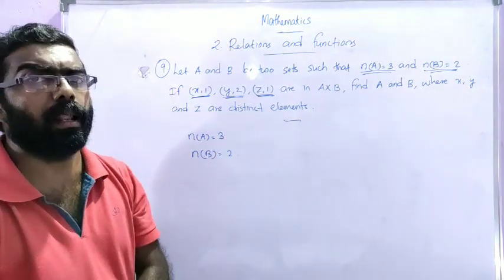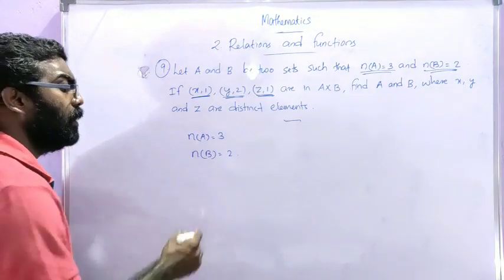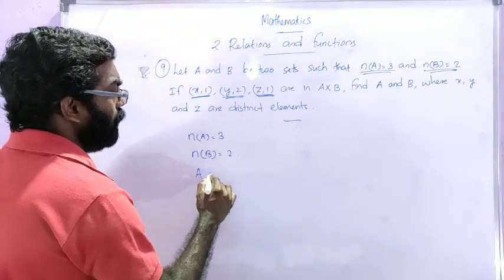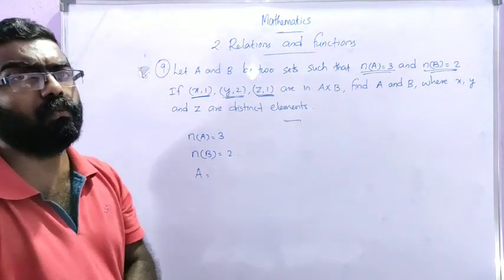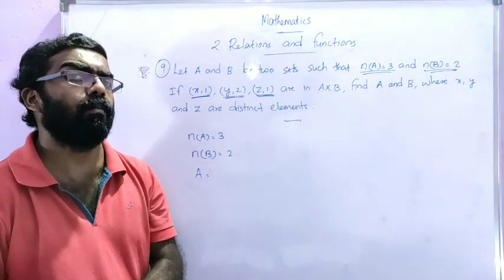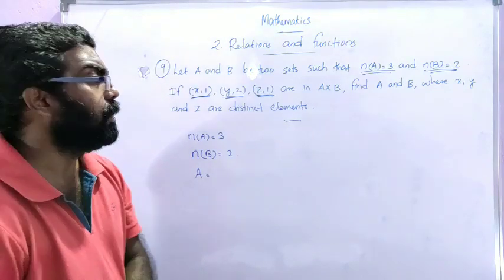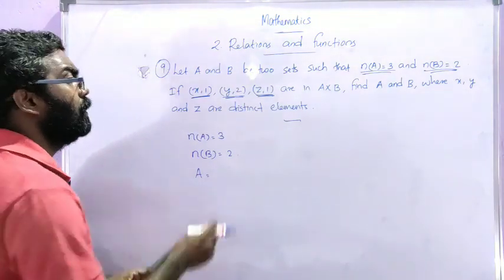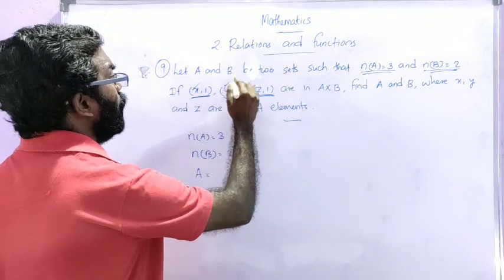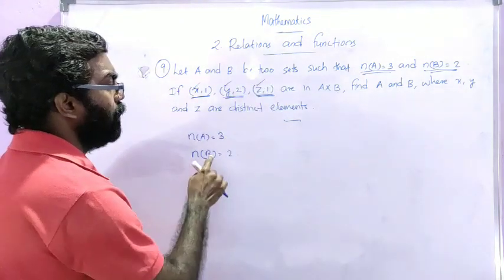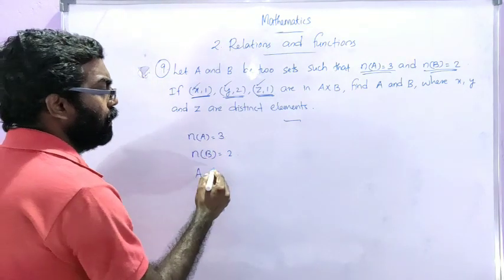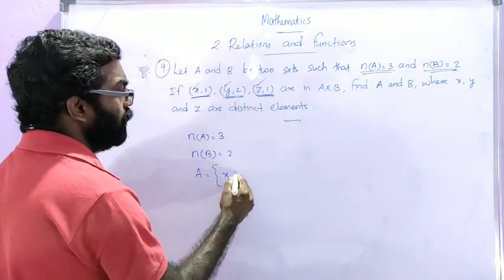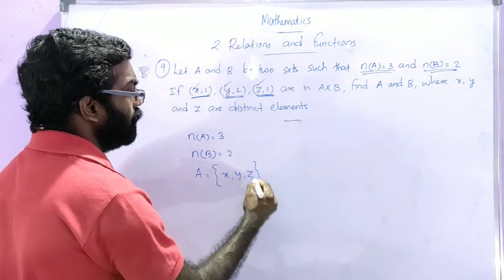The sets A and B. As we know, while writing an ordered pair, the first component belongs to the first set. So here what are the first components? x, y, z. And we are given the number of elements in A is 3. So set {x, y, z}.